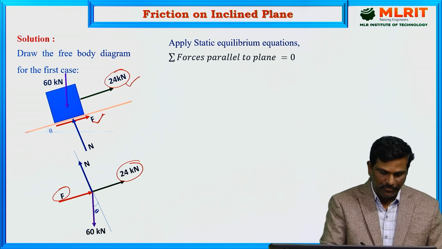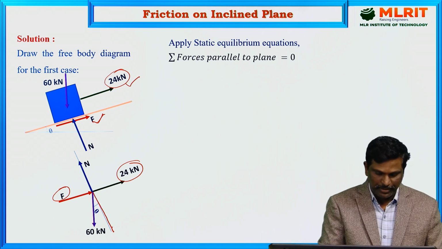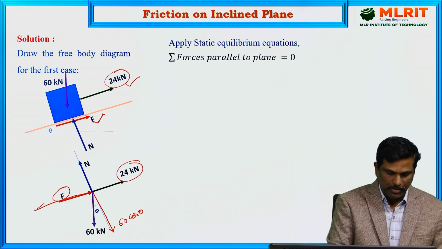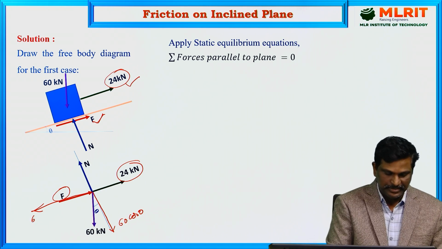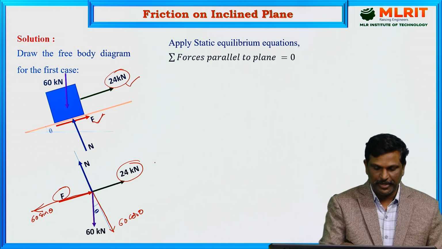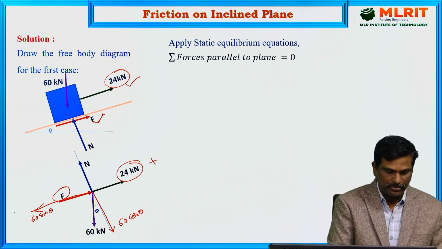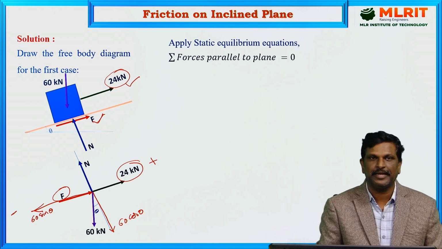Now resolve the weight. The weight component perpendicular to the plane is 60 cos theta, and its component along the plane is 60 sin theta. I am assuming along the plane upward is positive, and along the plane downward is negative.